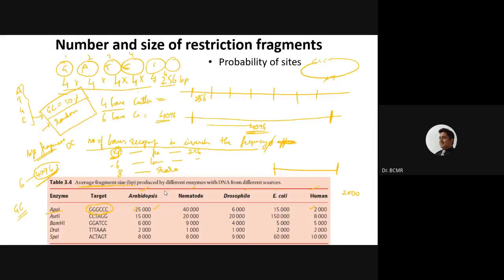Why I'm saying that is, if I had ApaI, it doesn't have all the bases. It only has GGGCCC. That means not having all the bases, the calculation directly is difficult.